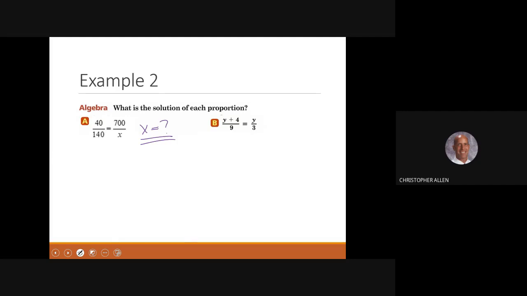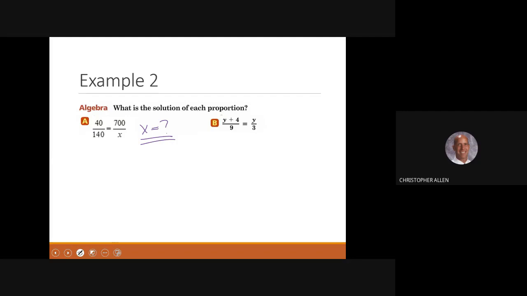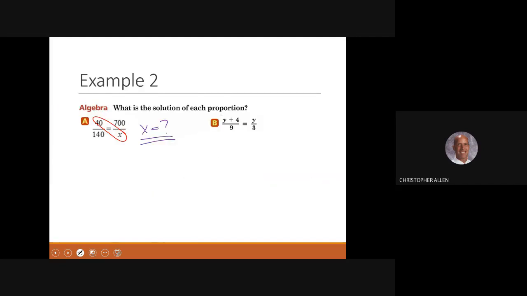So what we're going to do is use this cross product property. And again, I used to do this when I was a middle school teacher, and you guys might want to do it too: you can literally take, I circled these two guys. And by the way, these are called the extremes. If we go back over here, that's what we call the extremes. I'm not going to ask you what those names are, but that's this one up here on the left and the low one here on the right.